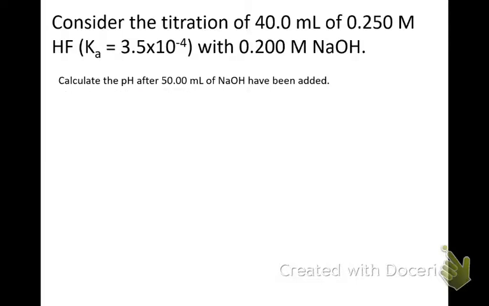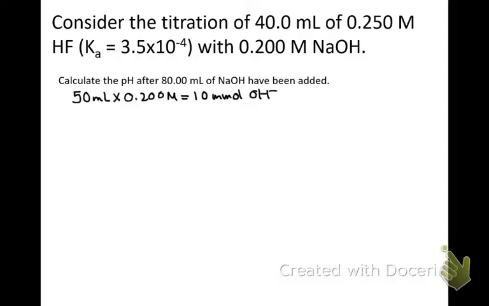Okay, new problem. We're now going to calculate the pH after 50 milliliters of NaOH have been added. So, 50 milliliters of NaOH times 0.200 millimoles per milliliter means that we have 10 millimoles of OH minus.